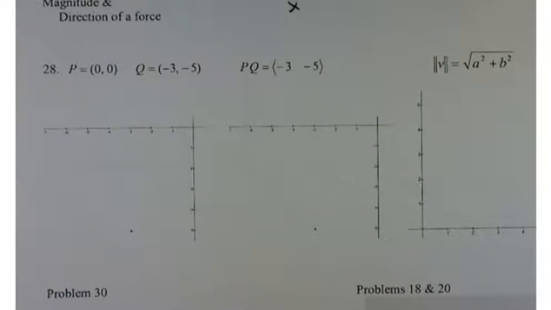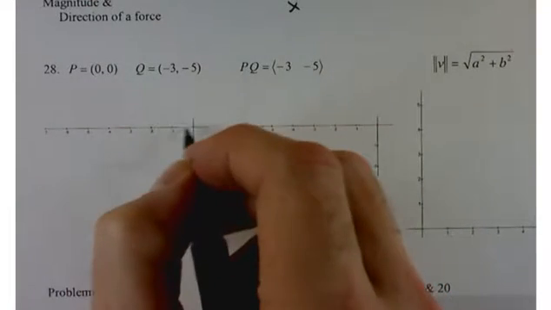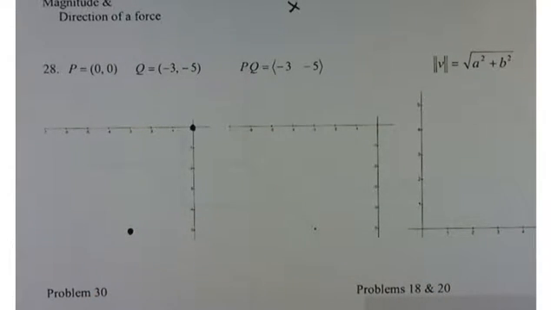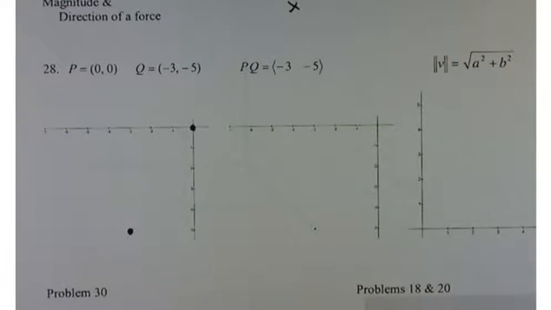Let's take a look at what vectors are going to be for us in this section. We've got 2 points, one at the origin and one down here at -3, -5. But that's just 2 points. If I join those 2 points, that's when I can get a vector.